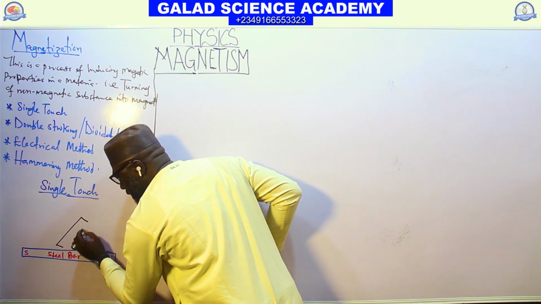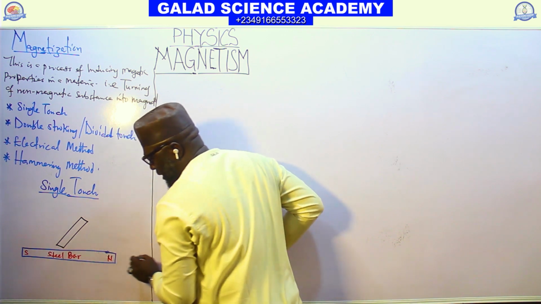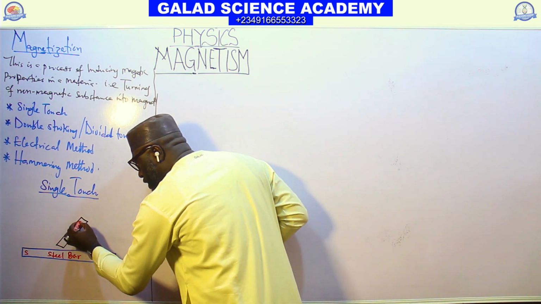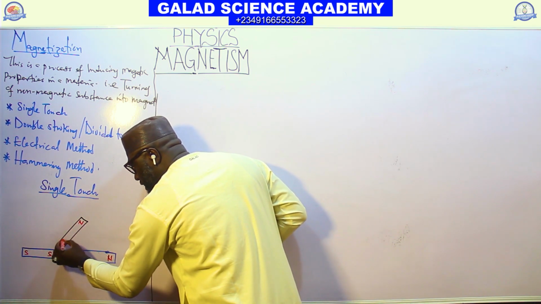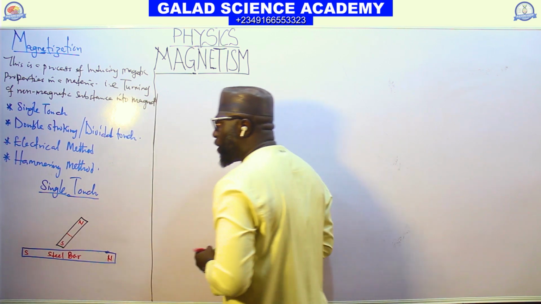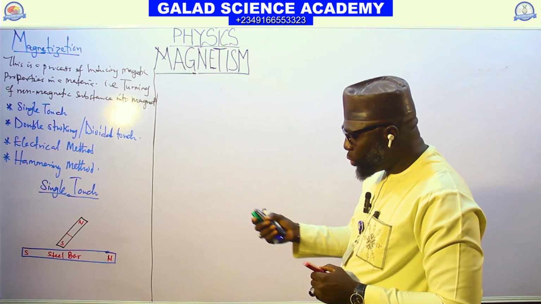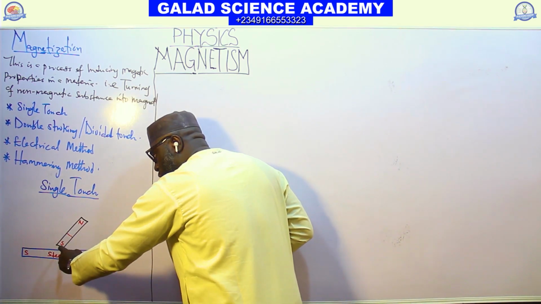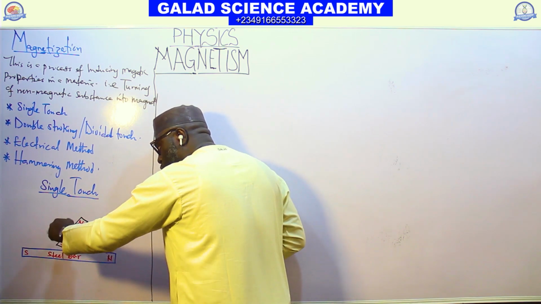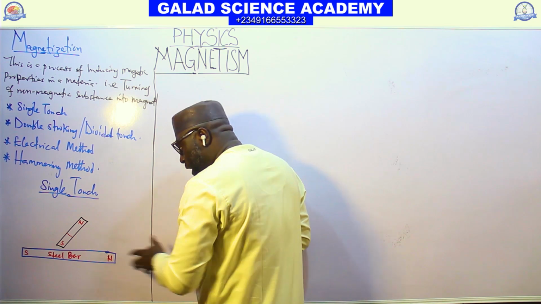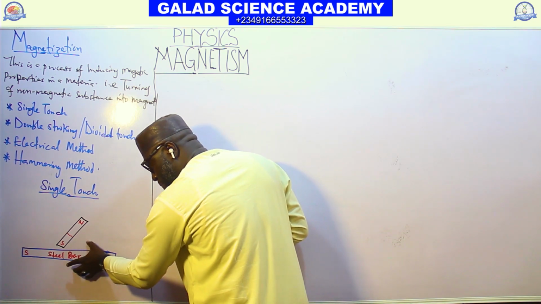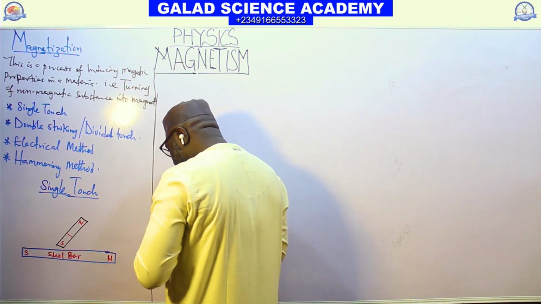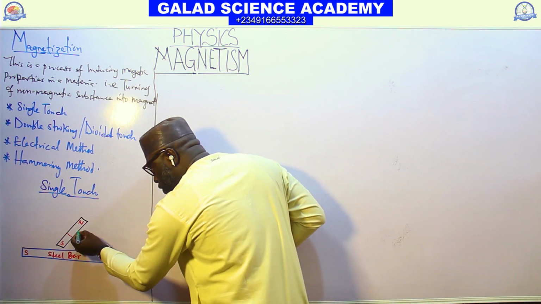If this side is north, this side is south. This is the middle of the bar magnet. This C bar is a non-magnetic material, and this one is the magnet.